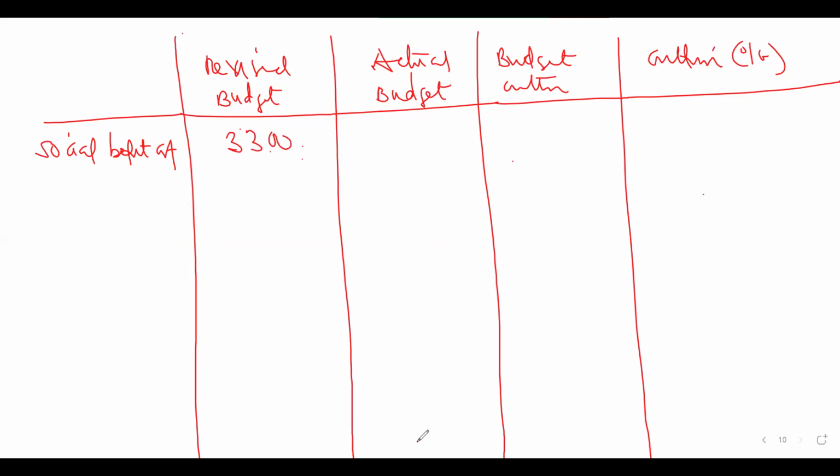Actual is what? 1,500. Our outturn will be what? 1,800. And our percentage will be what? 54.55. The next one is what?